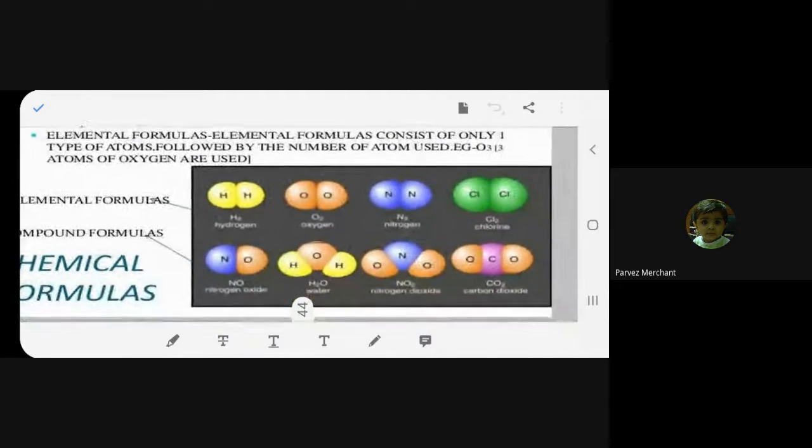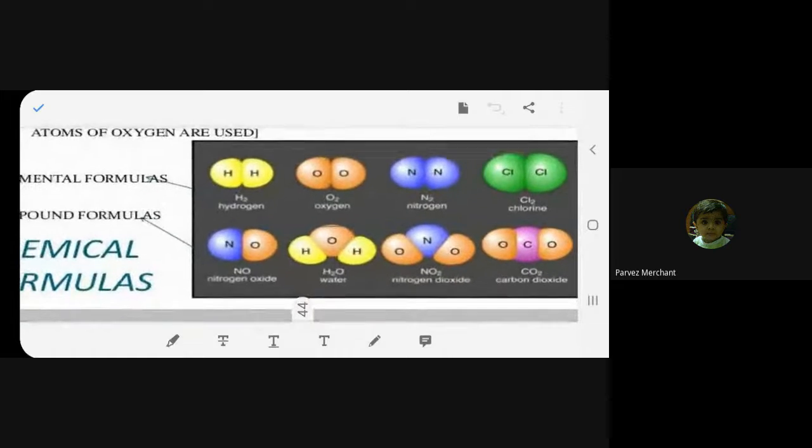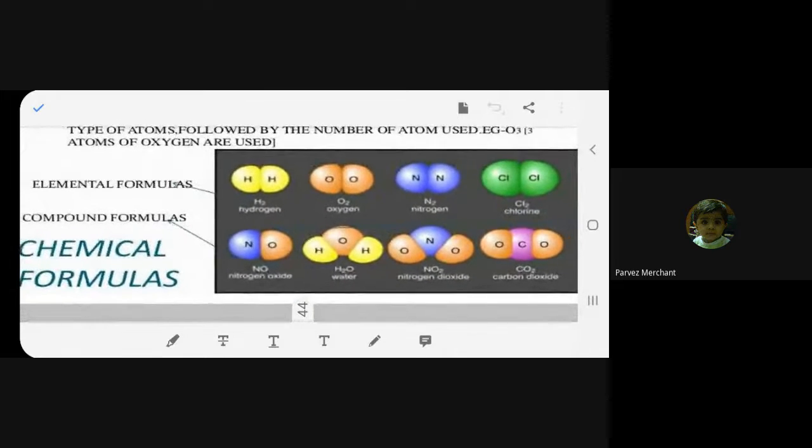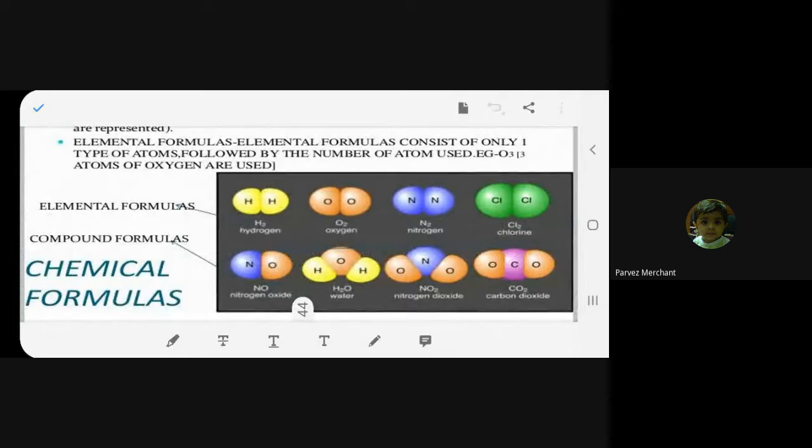Now see over here, you will have no problem now. What do you see over here? All these are elements, right, beta? This is elemental formulas. And what is the bottom one? Compound. Now, do you get the difference, beta? There's a reason why I took it again.